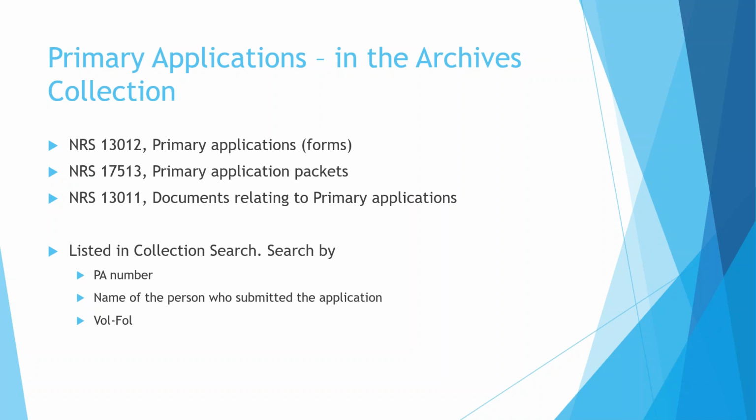You could also search by the volume and folio number that was used at the time that they gave that first certificate of title in the Torrens title system. Or you might just be searching for a name and come across a primary application. That's what they're about, is that person applying to get that land transferred from old system to Torrens title.